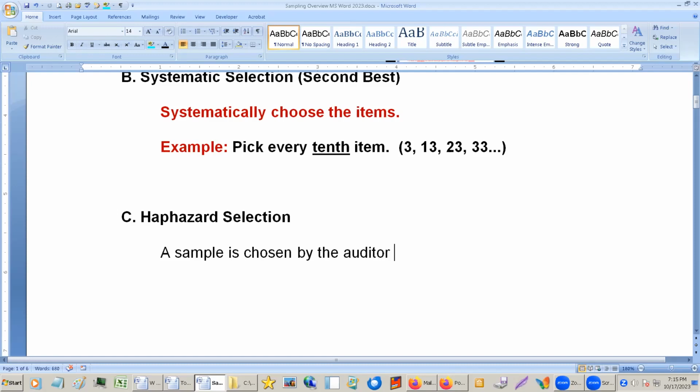It's just by the auditor haphazardly, I guess.